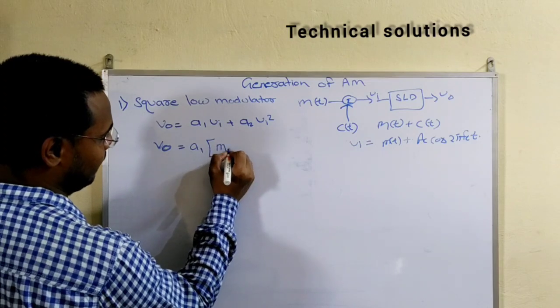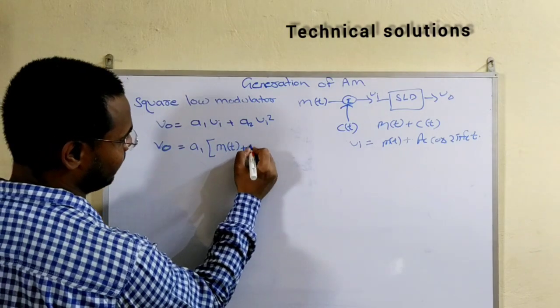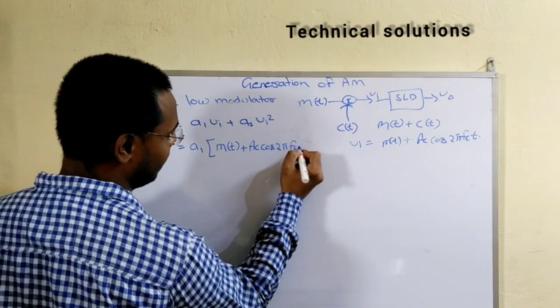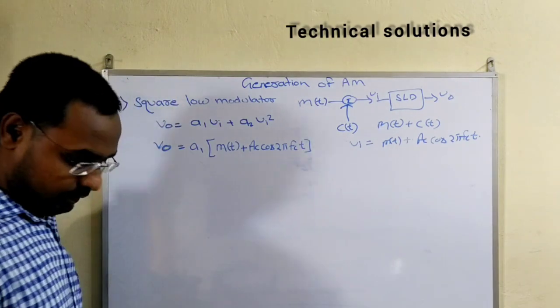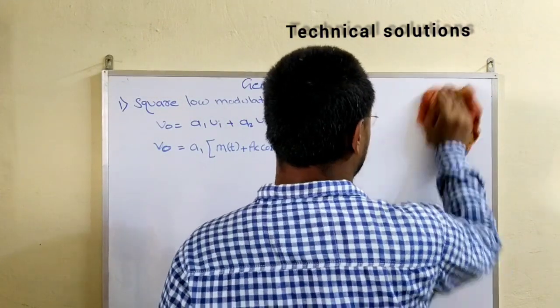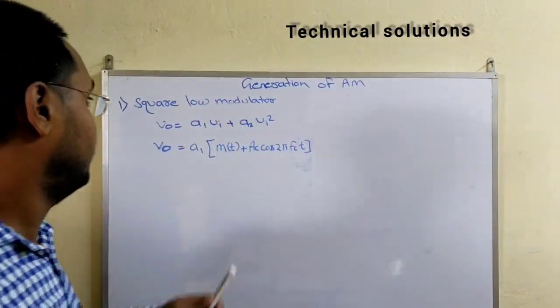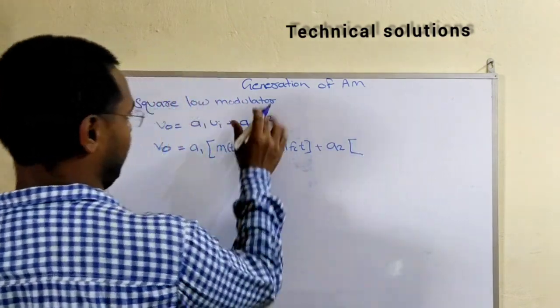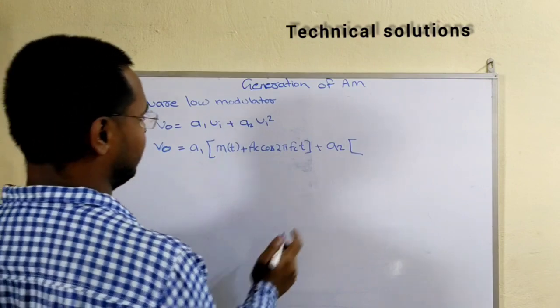A1 times Mt plus AC cos 2 pi Fct, plus A2. Now we have to put Vi square.